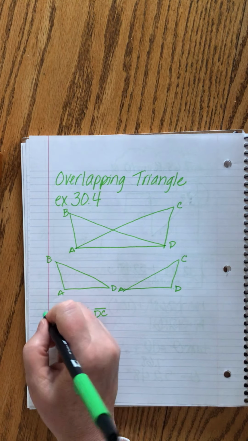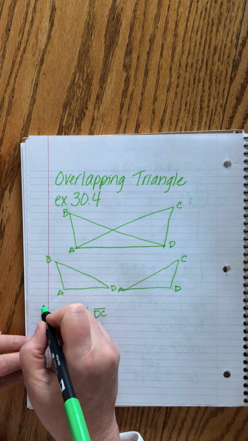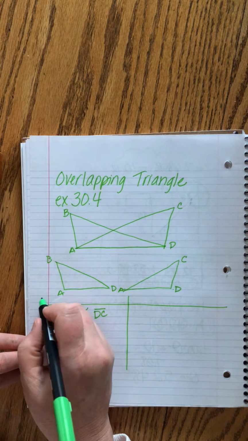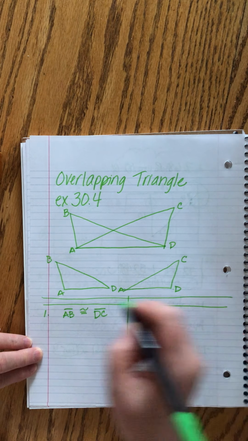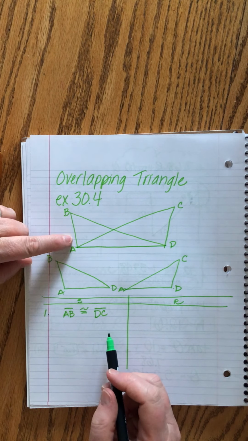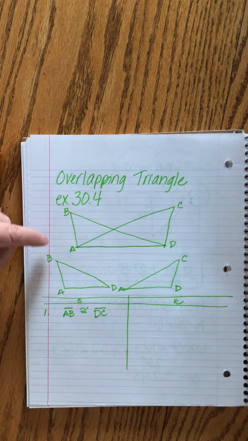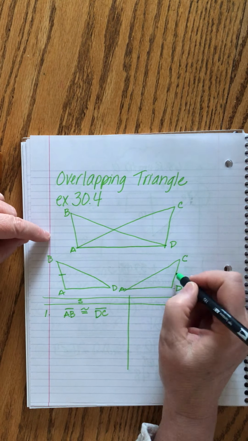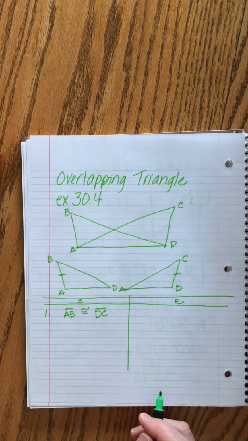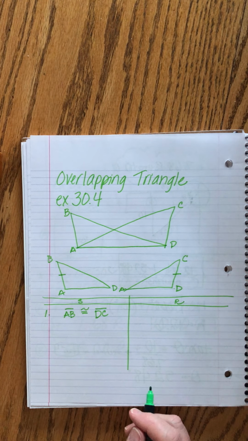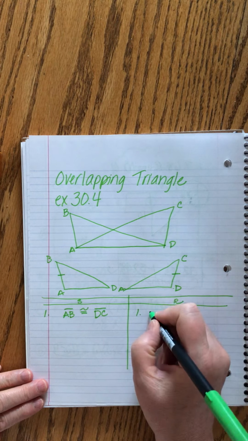So that'll be our step one in our statement and reason chart. Statement, reason. And now we'll put that on our pictures. AB is congruent to DC. Okay, good. There's a matching side. And so that's given.